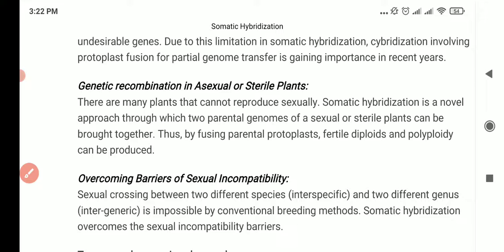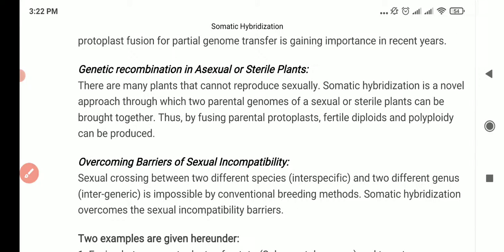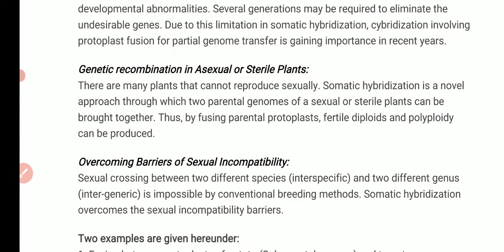Let's look at genetic recombination in asexual or sterile plants. There are certain plants which cannot reproduce sexually, just like orchids, which prefer to reproduce vegetatively. Because of their structures, you have seen, pollination is very difficult, as it is hard to open the flowers.